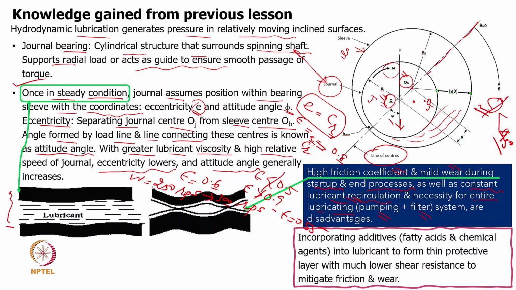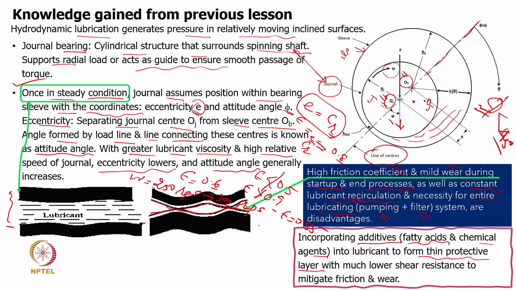However, one drawback, particularly high friction and mild wear, can be overcome if we are able to provide a boundary lubricant layer. That is what we studied earlier in a previous lecture, maybe lecture 8. Here we incorporate additives, through physical adsorption or chemical absorption. So we add fatty acids or a chemical agent into the lubricant, mixing it so that a thin protective film is formed on the surface.